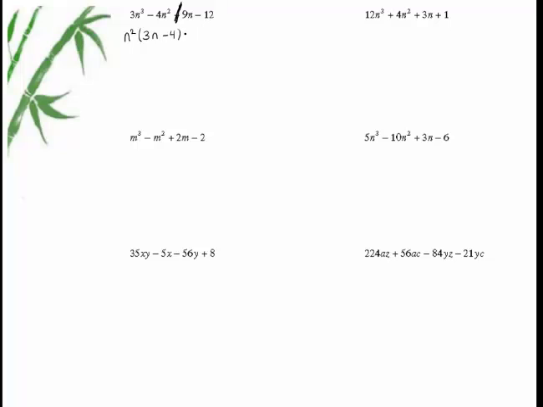From 9 and 12, I can factor out a 3, and I'm left with 3n minus 4. These match, so they become one parenthesis, and the terms in front become a second parenthesis.